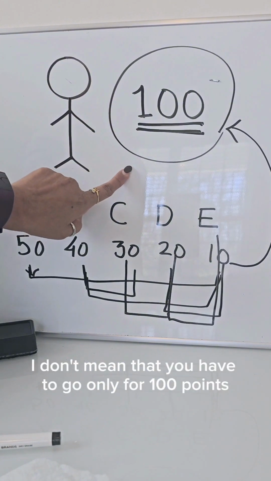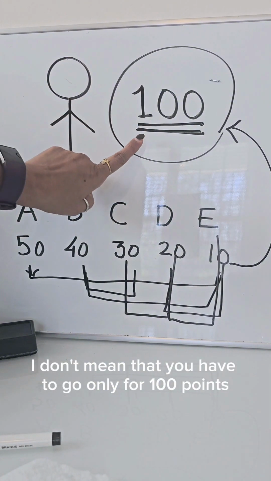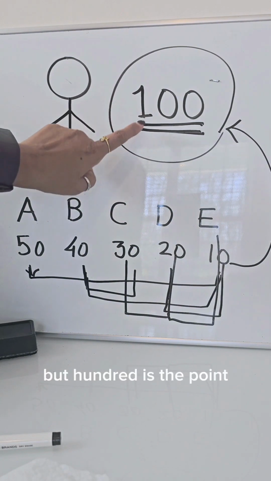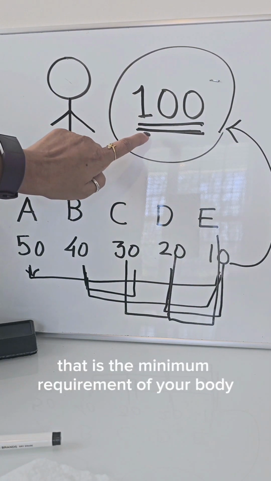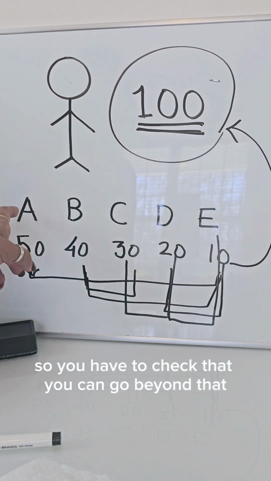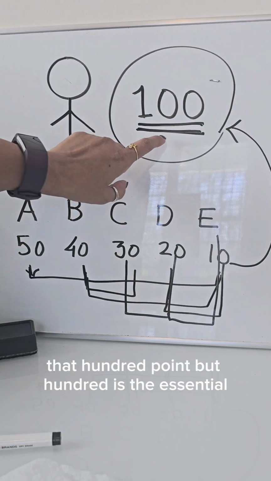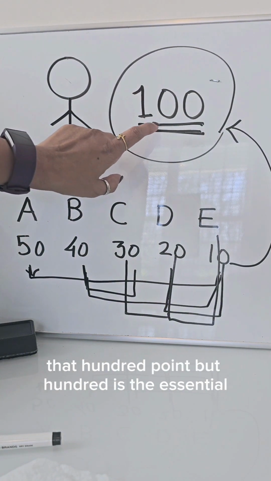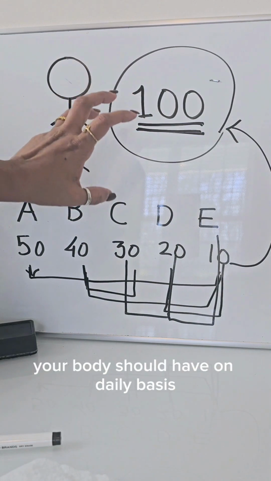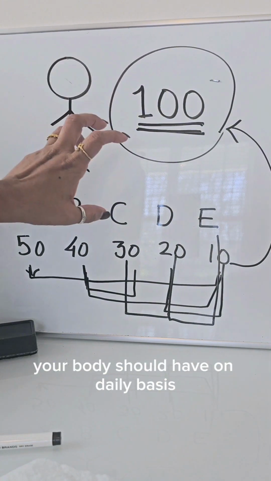Now here I don't mean that you have to go only for 100 points, but 100 is the minimum requirement of your body. You can go beyond that 100 points, but 100 is the essential nutrition value your body should have on a daily basis.